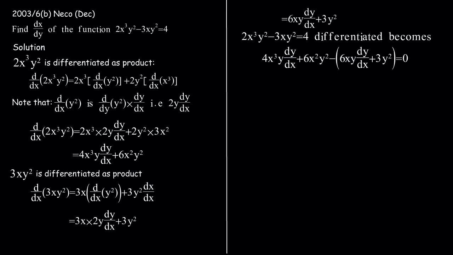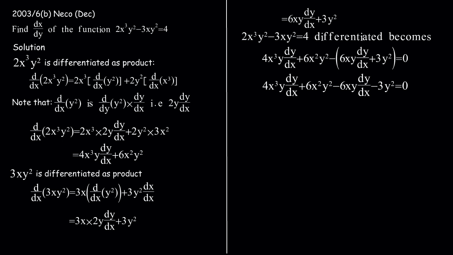Now expanding our bracket, our equation becomes 4s cubed y dy/ds plus 6s squared y squared minus 6sy dy/ds minus 3y squared equals 0.